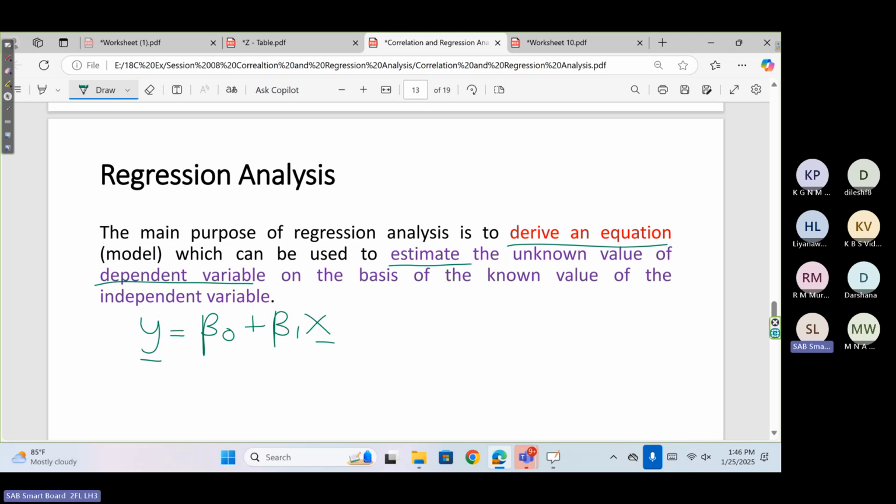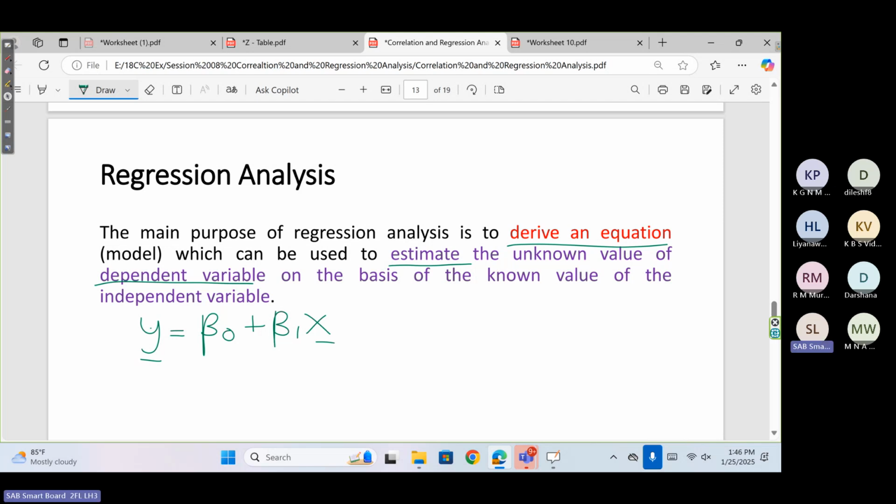Sometimes we can construct the multiple regression model. It means it consists of only one dependent variable, but more than one independent variable. At that time we call it a multiple regression model.